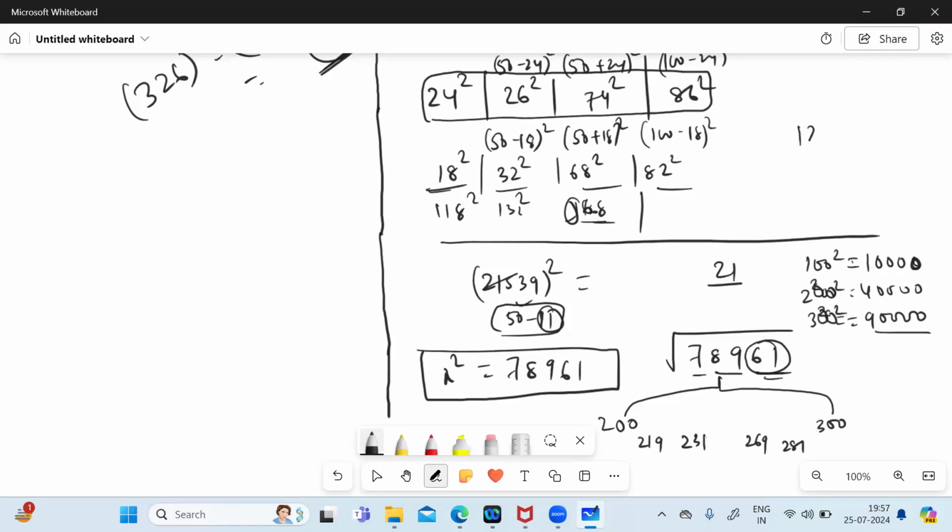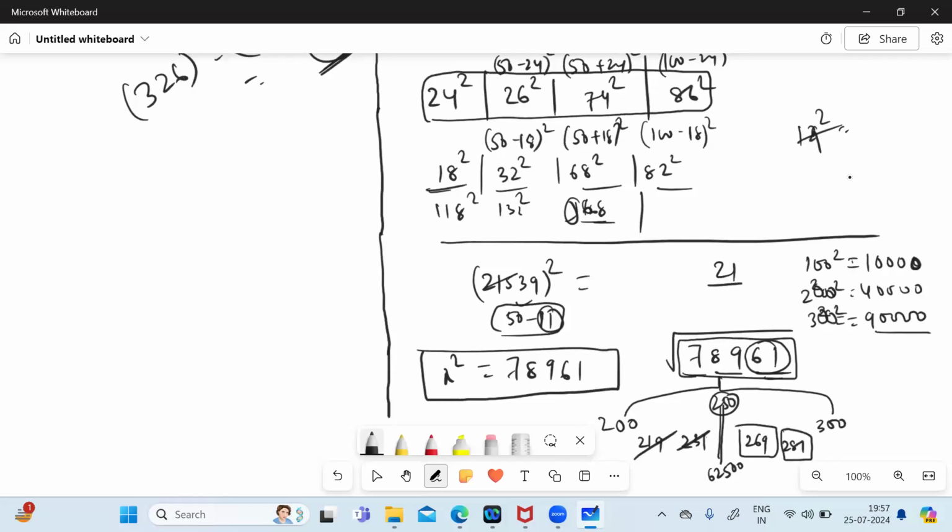Okay. So once you've got this, you can find the mid value, 250. The square of 250 is very easy, 62500. And this particular number is greater than 62500. So these two options got cancelled. So you have this and this.